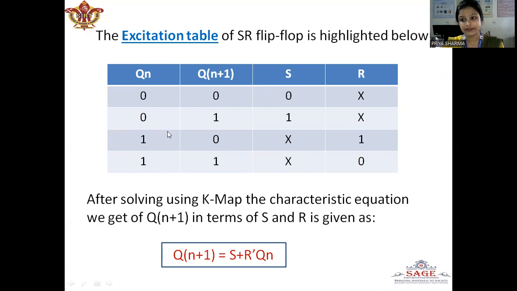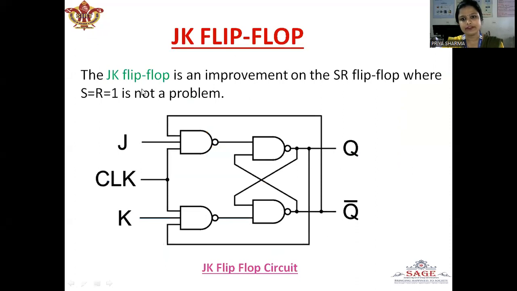The excitation table of each and every flip-flop is very important. From there we derive the characteristic equation. So the characteristic equation of the SR flip-flop is given as Qn plus 1 equals S plus R dash Qn.